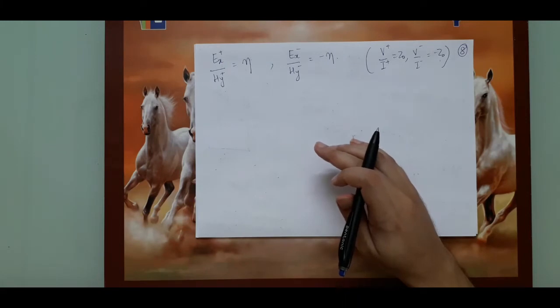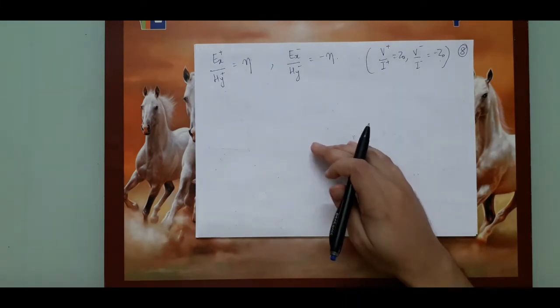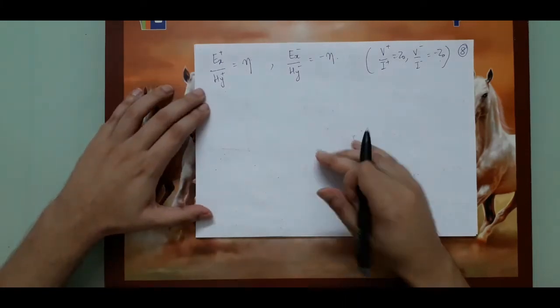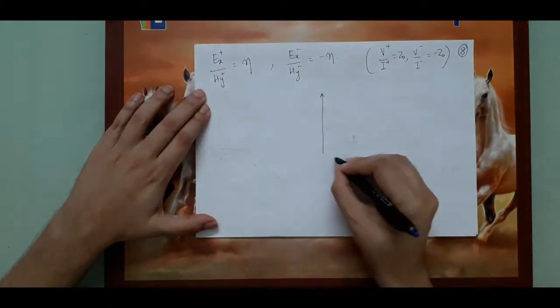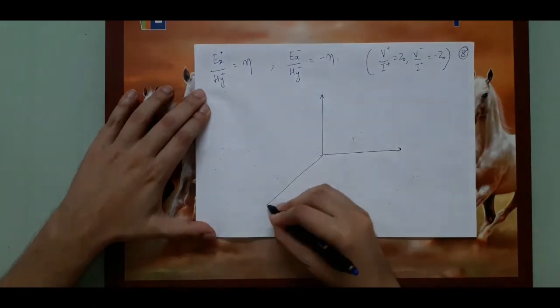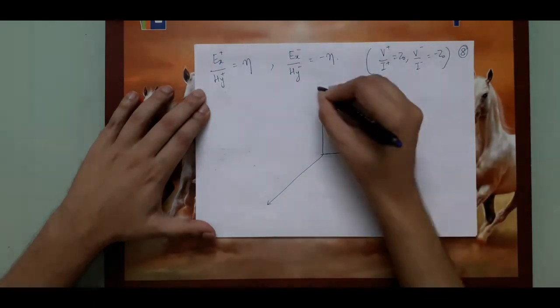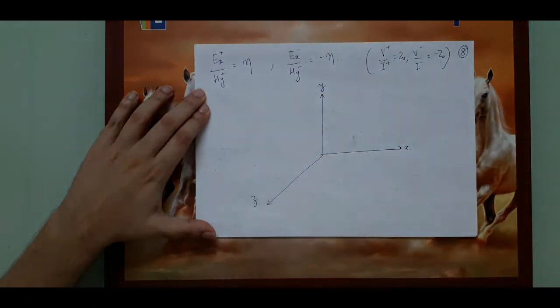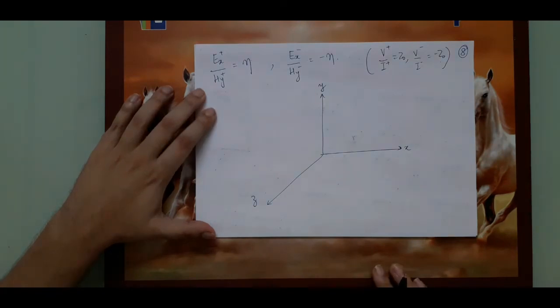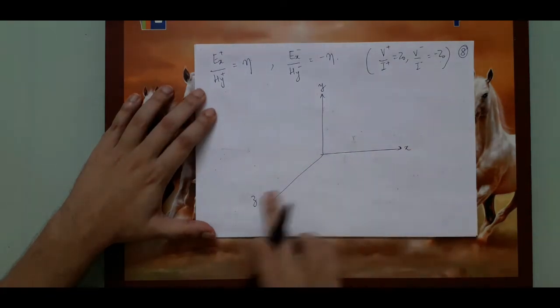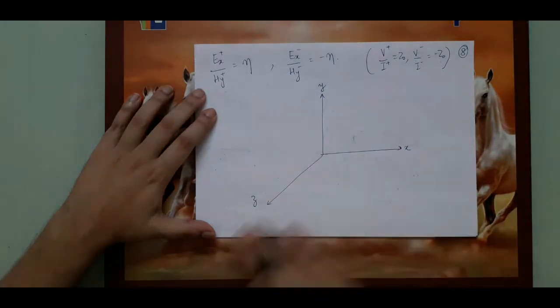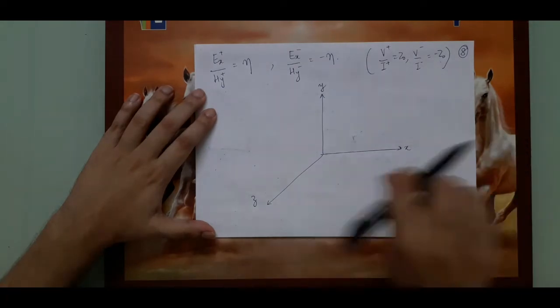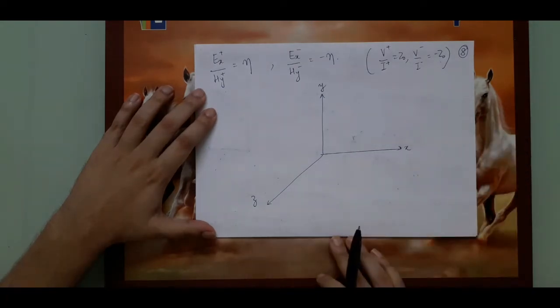Now in the previous page we drew the Cartesian axis. We said that if electric field is varying along this x-axis and magnetic field is varying along the y-axis, then the whole propagation will be along the z-axis, either this way or this way.